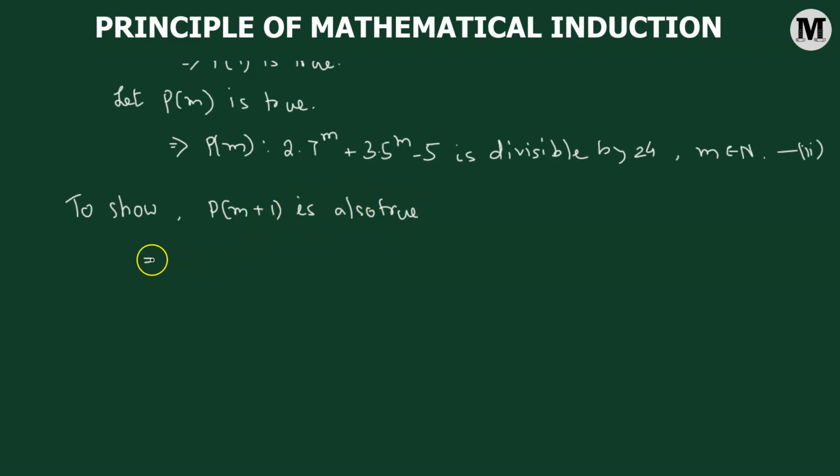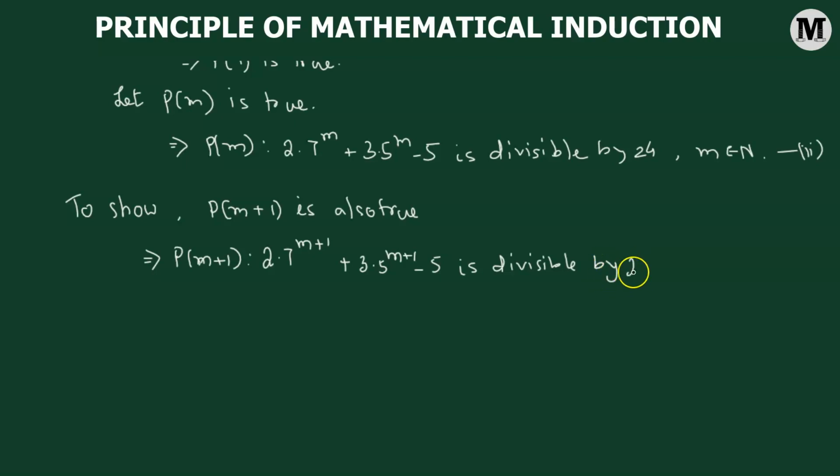So here we have to check that P(m+1) is the statement 2 times 7 raised to the power of m+1, so what we have done is replacing m with m+1, added to 3 times 5 raised to the power of m+1 minus 5 is divisible by 24 as well. So we need to verify this. Okay, so let's call it statement number 3.